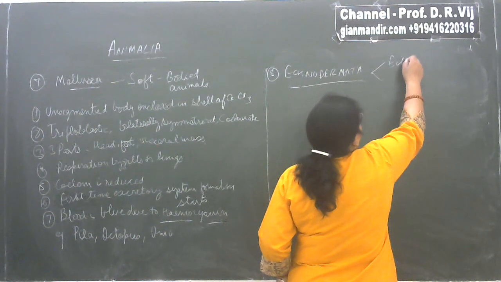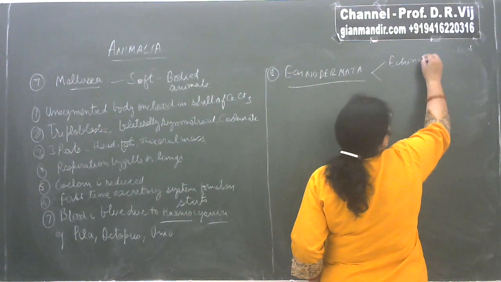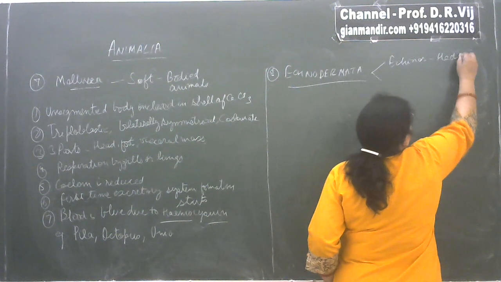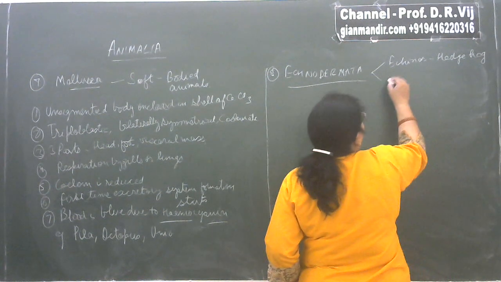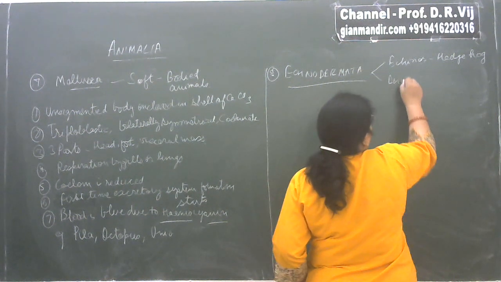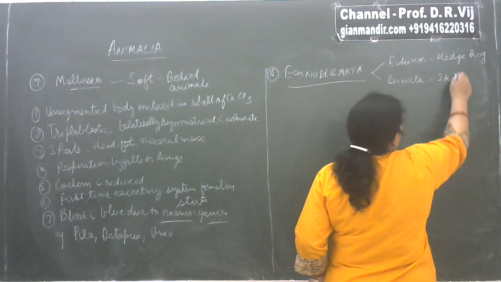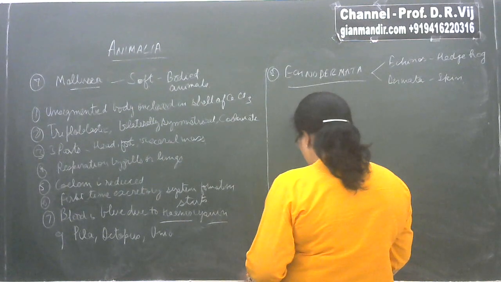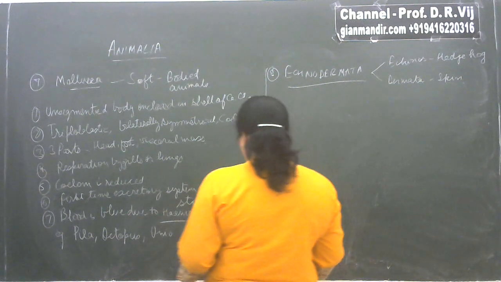Echinos means hedgehog or spiny, and dermata means skin. As they have hedgehog skin or spiny skin, that's why they are known as Echinodermata.